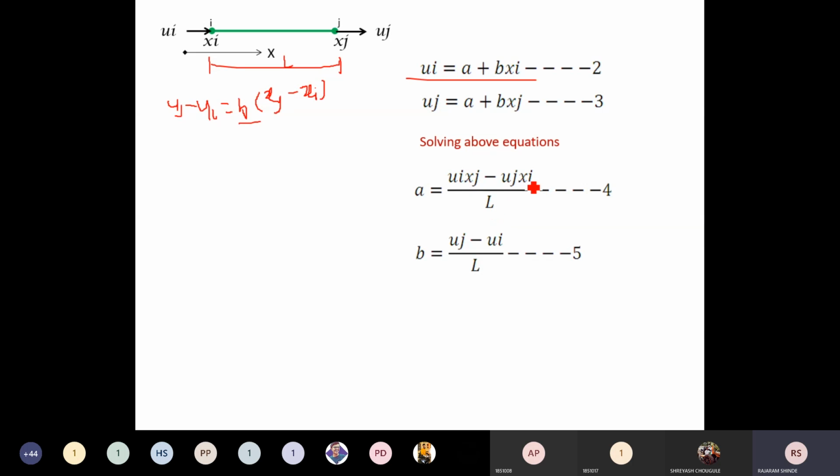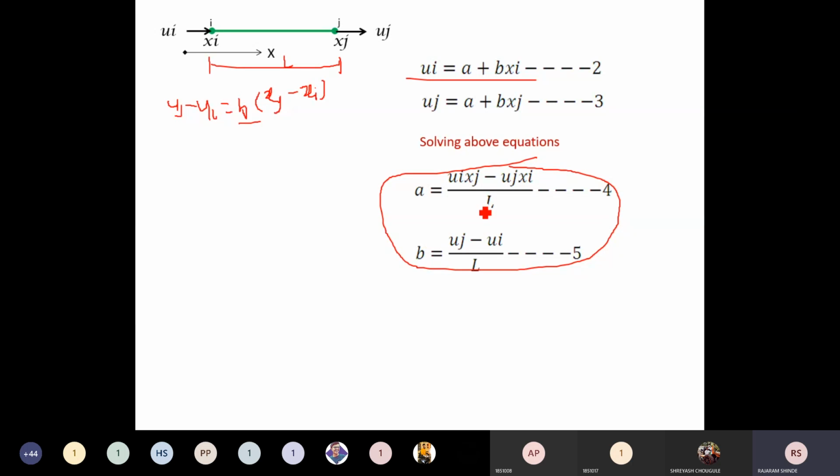Now after getting this a and b, a is a function of ui, xj, uj, xi, l. b is a function of uj minus ui divided by l. That is, a and b are functions of nodal coordinates xi, xj and ui, uj.